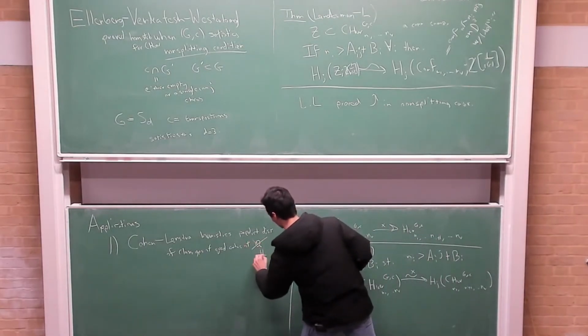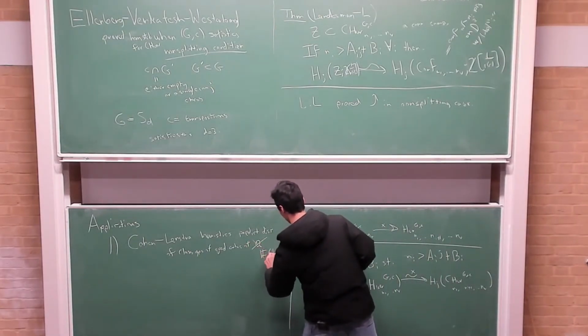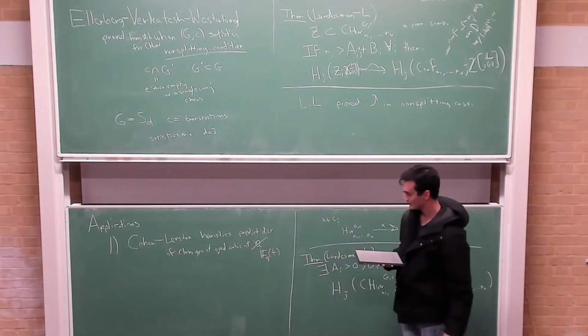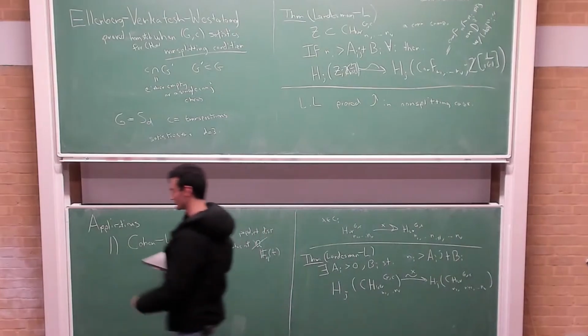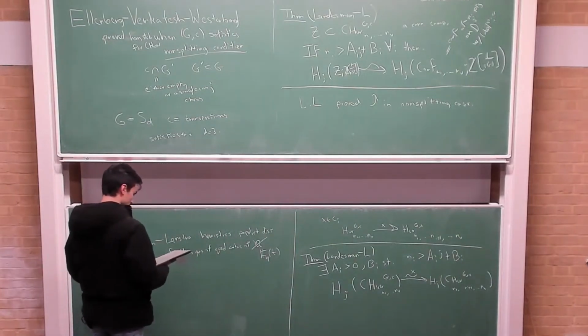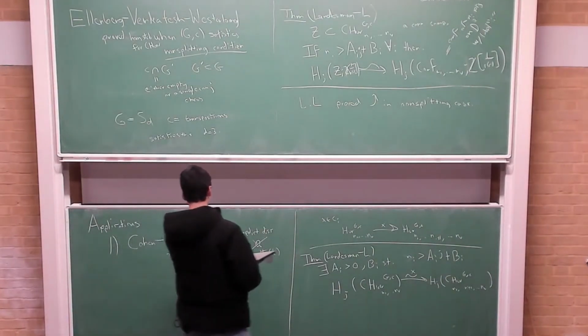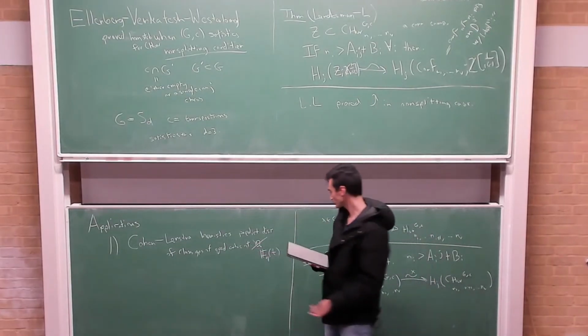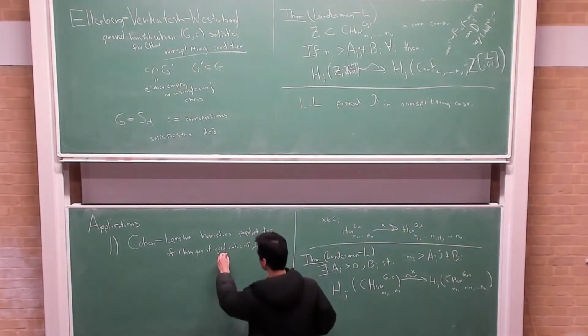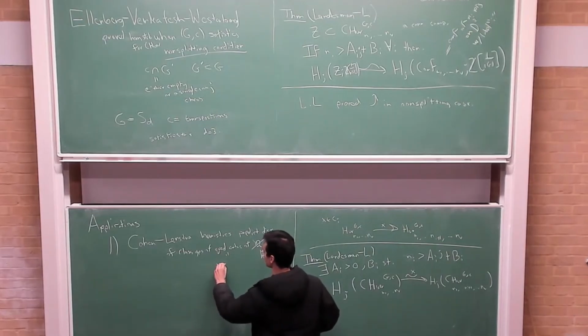I'm going to work over Fq(T), so it's the function field for P1 over Fq. And so a quadratic extension of that corresponds to a hyperelliptic curve over Fq. So you can think of these as hyperelliptic curves.